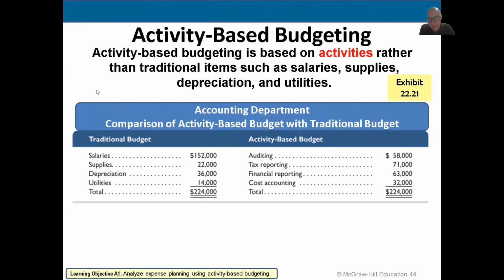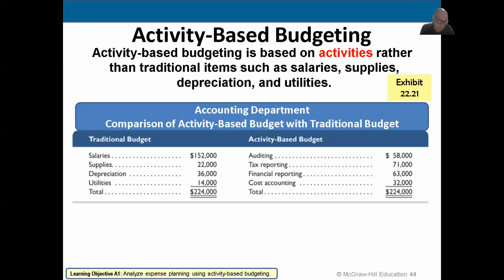When it comes to planning for your expenses, which are of course the operating expenses of the company, we can do that based off of what we call activities. Activities, through activity-based costing, helps us to identify the budget based off of those respective activities like auditing, tax reporting, financial reporting, cost accounting, other operations.